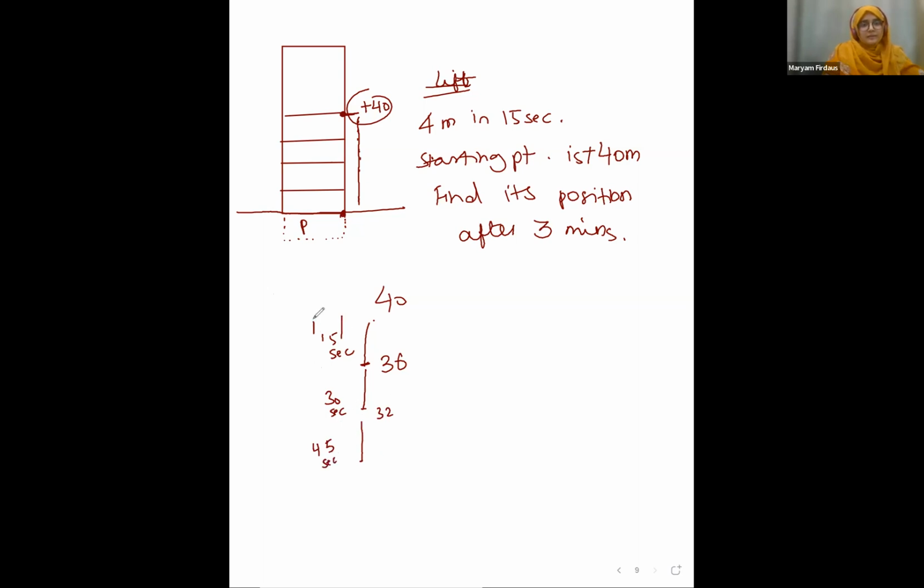Then again, 15 more seconds, that is 45 seconds from the start. Then next we will go 4 units down again.